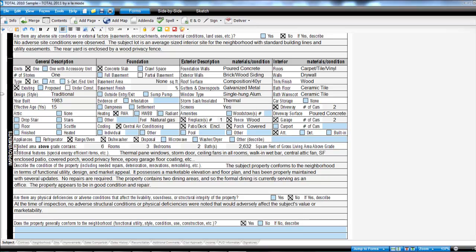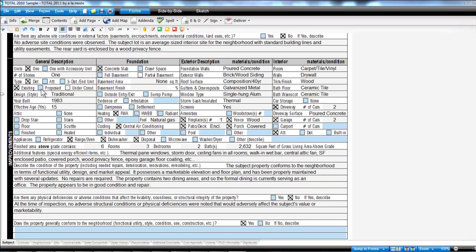And so now going through the improvements section starts with a general description. Is it a single home, a home with an accessory, an in-law unit, number of stories, is it detached, attached, semi-detached, end unit, existing construction, almost all the time it is.